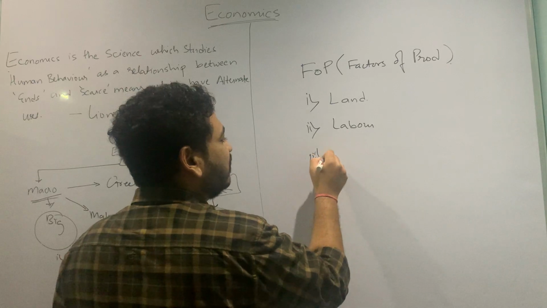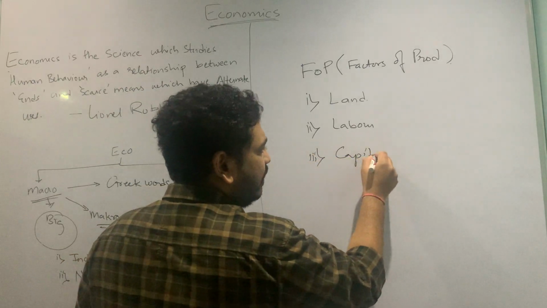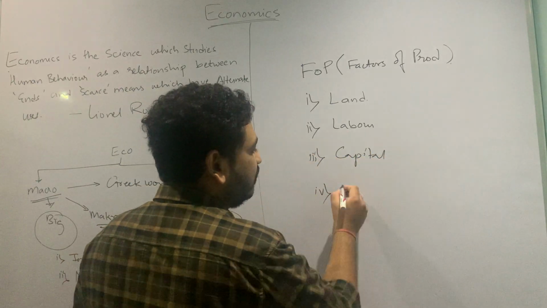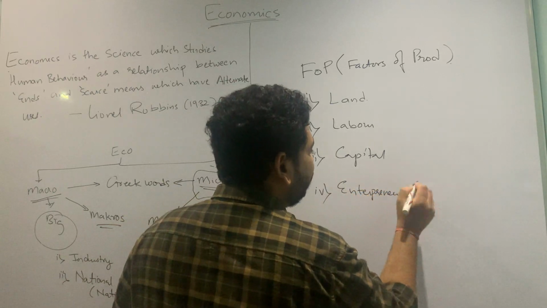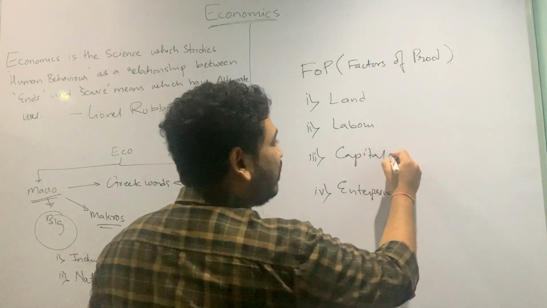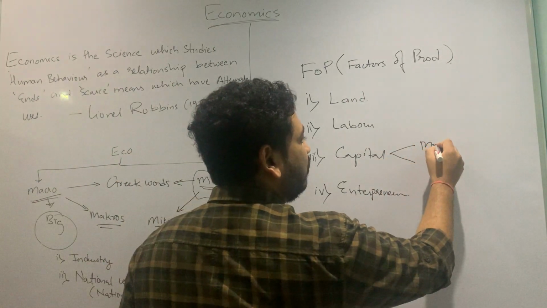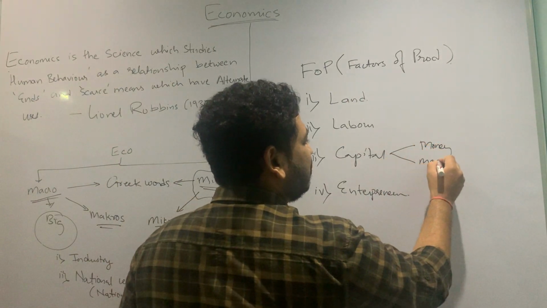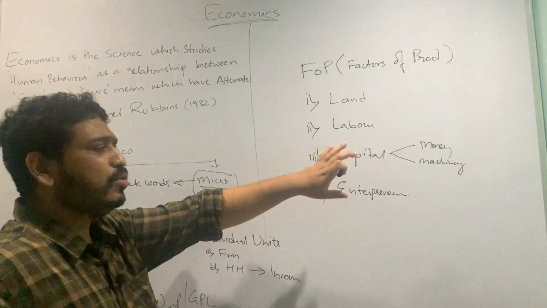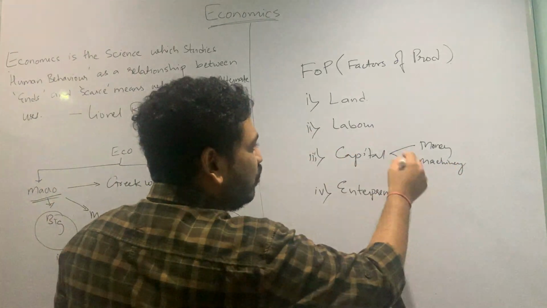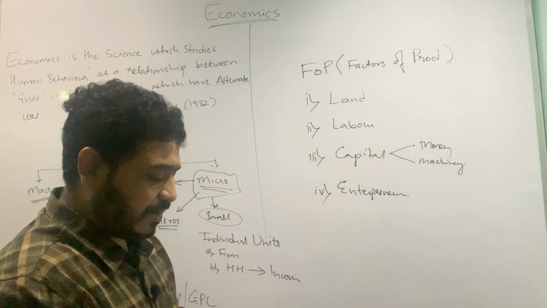The third factor is capital, and the fourth is entrepreneur. When I talk about capital, I mean both money as well as machinery. Capital means both of them. So I hope the factors of production are pretty much clear.